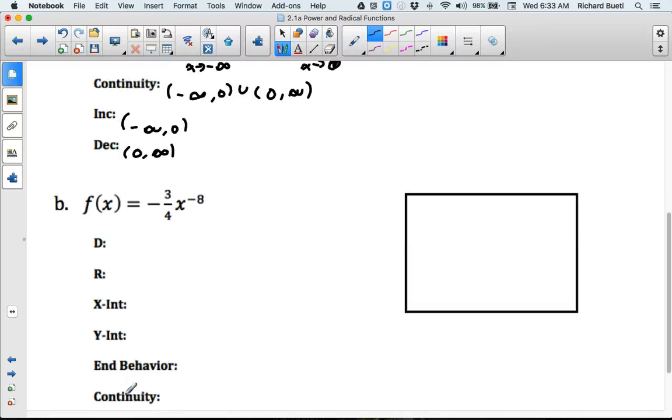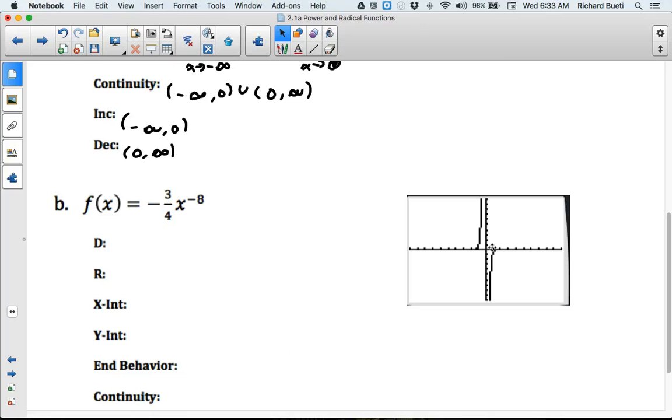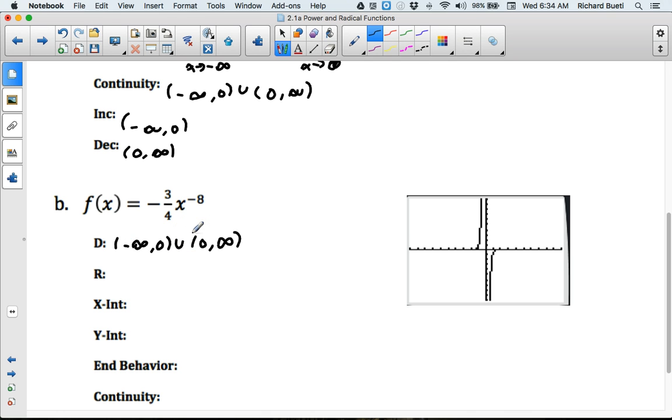So we have f of x is equal to negative 3/4 x to the negative 8th. So let's just take a look at the graph of it, and let's analyze. Okay, the domain is still going to be the same as it was before, so we know that x cannot equal 0. So you'll have from negative infinity to 0, union 0 to infinity.